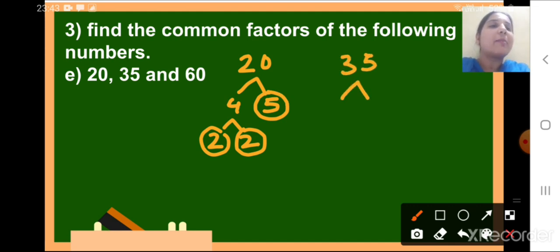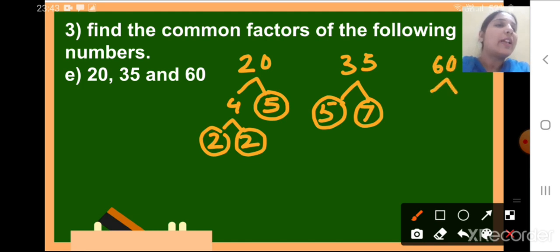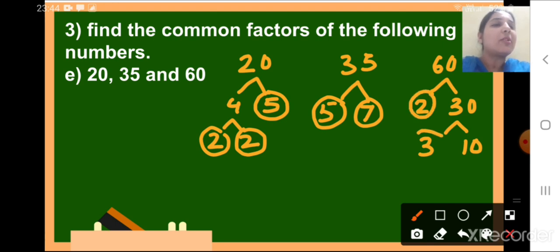That is very simple. 5 7s are 35. And now we have to write the factors of 60. You can write 2 30s, then 30 can be written as 3 10s. Now we will circle because 2 and 3 are prime numbers, and then 2 5s.